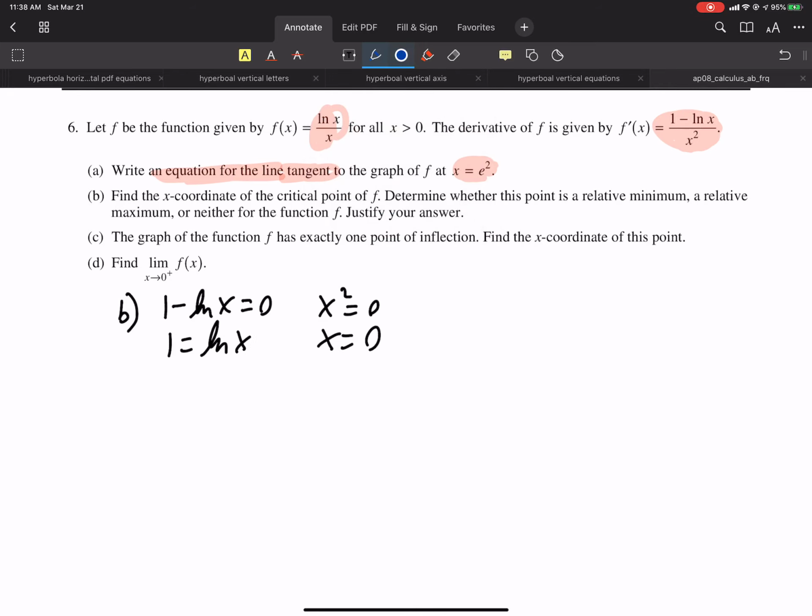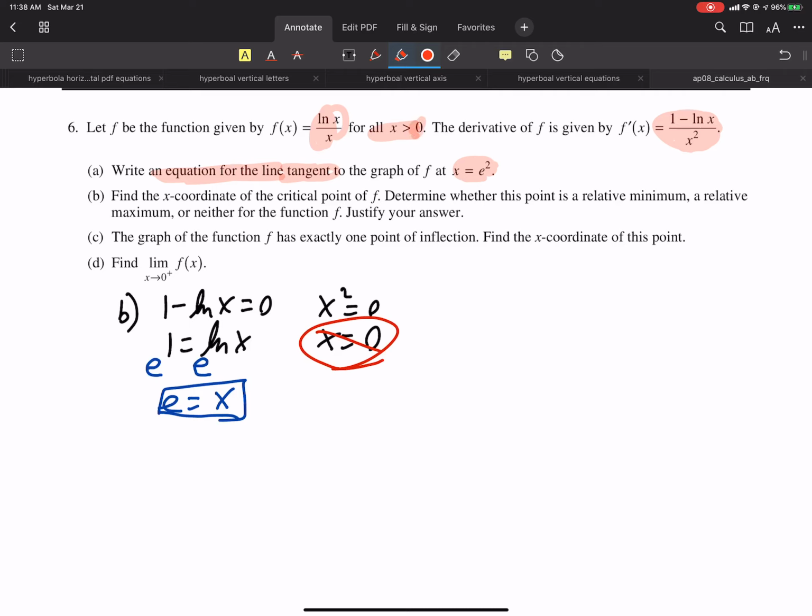The bottom, the first equation, 1 equals ln of x. Ln of what equals 1? You could just know it's e, or to get rid of the ln, you can raise e to the power of each side, so e equals x. And we don't consider x equals 0 because it's not part of the domain, because we were told only for x greater than 0.